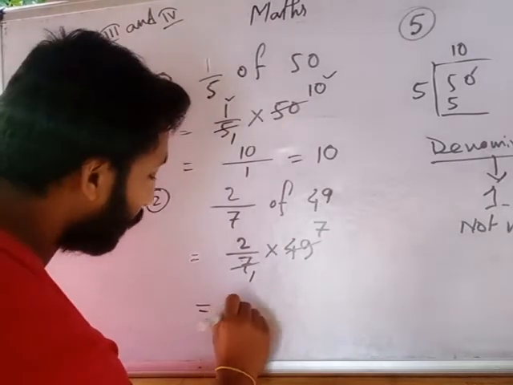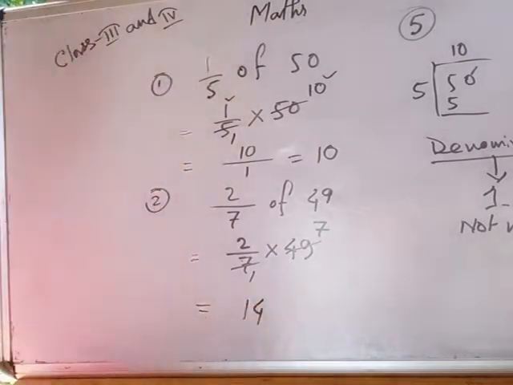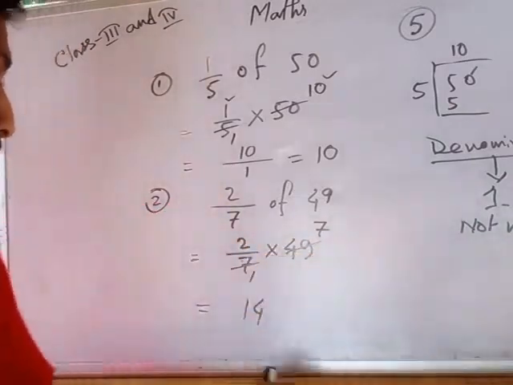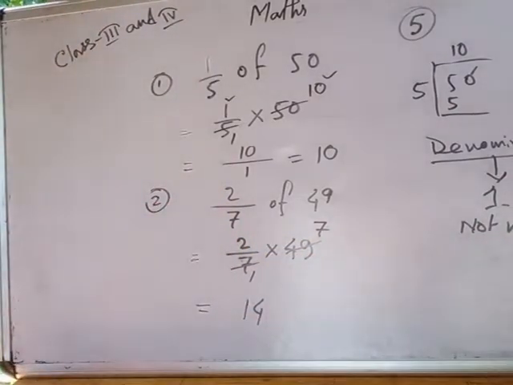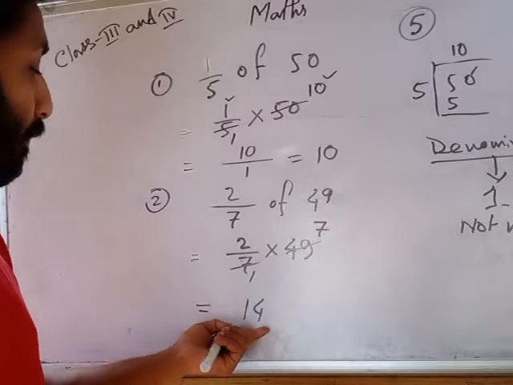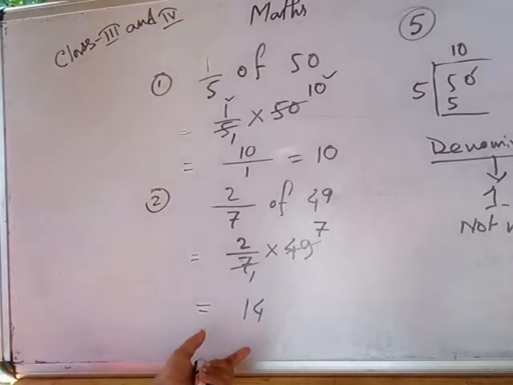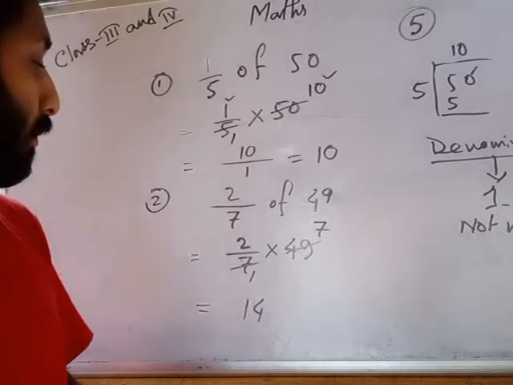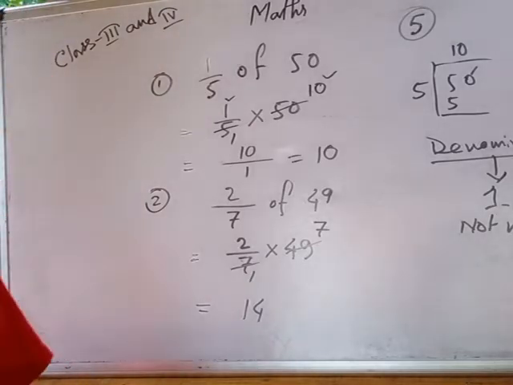So we should write only 14, because the denominator is 1 and we do not need to write it. Any number divided by 1 is the same number, so we do not need to write 1 as a denominator.